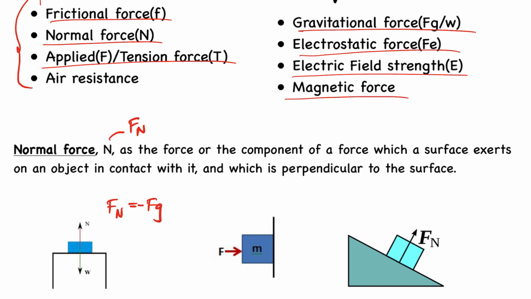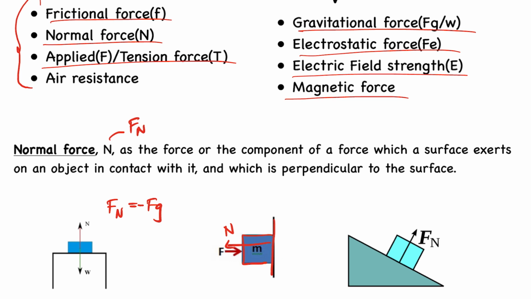It depends on what direction you choose. So every time an object is on a surface, like this object lying on the surface there, but the surface is vertical, there's a force that is acting. Let's say you're pushing a book against the wall, so that book is experiencing a normal force in that direction.